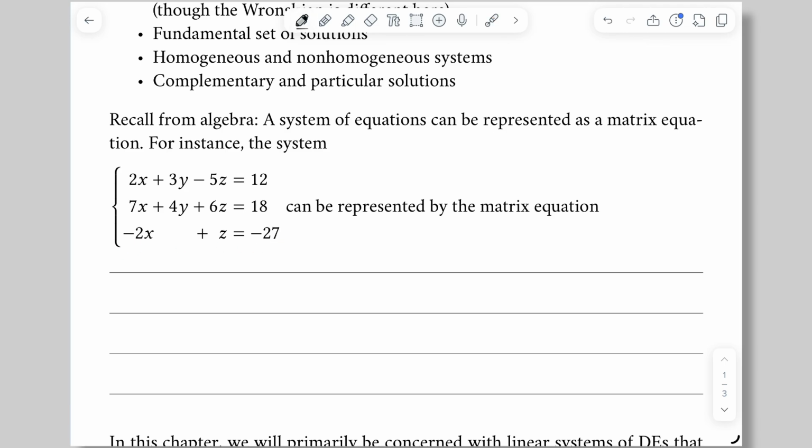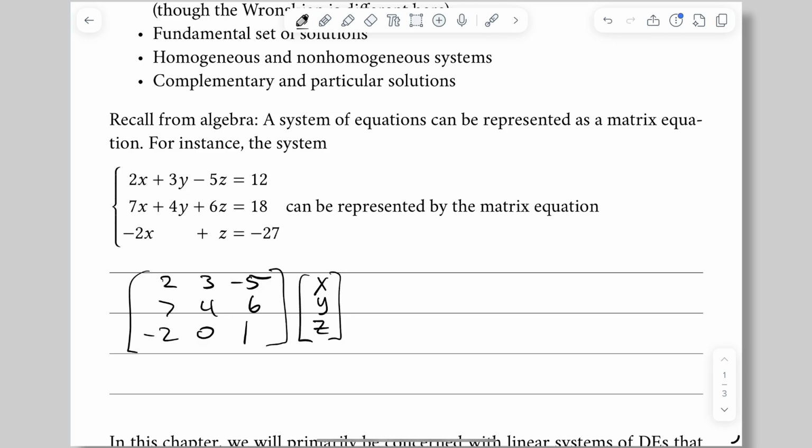We can represent it using a matrix equation with a coefficient matrix that has rows 2, 3, negative 5, 7, 4, 6, negative 2, 0, 1, a column matrix of unknowns x, y, z, also known as a vector, and on the right-hand side, the column of constants 12, 18, negative 27.